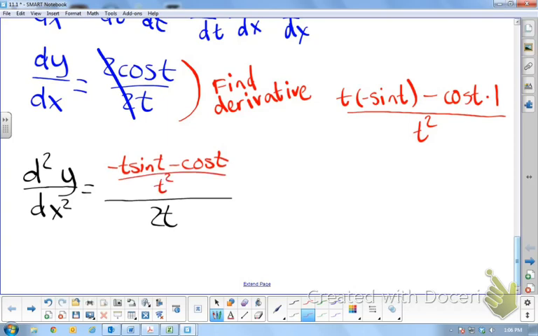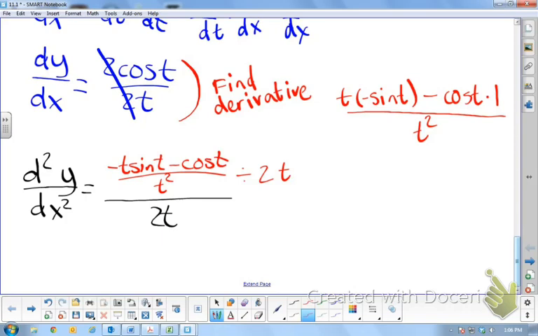So we do have to do some fractional division. If it's all over 2t, where is that 2t going to end up, the top or the bottom? If we're dividing by 2t, it actually ends up in the bottom.